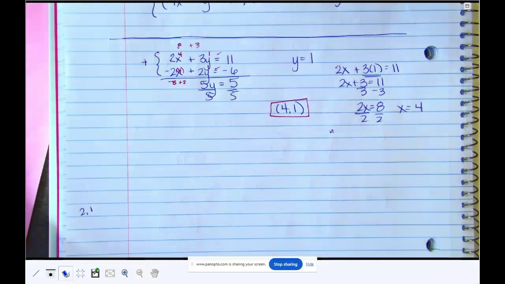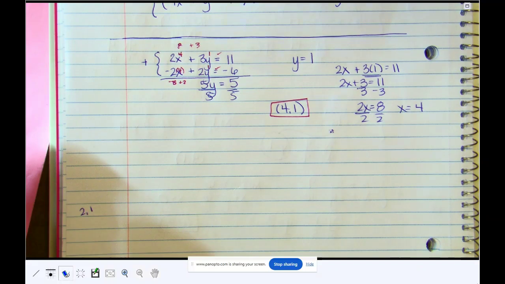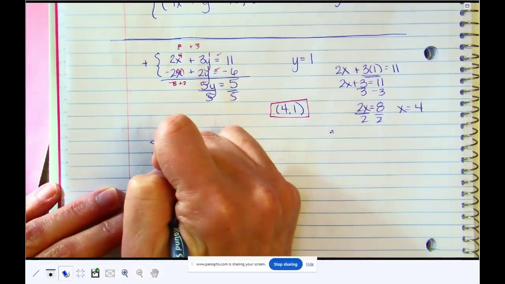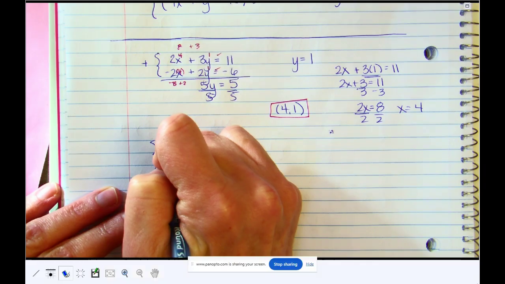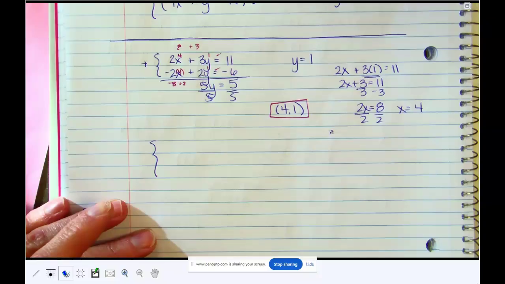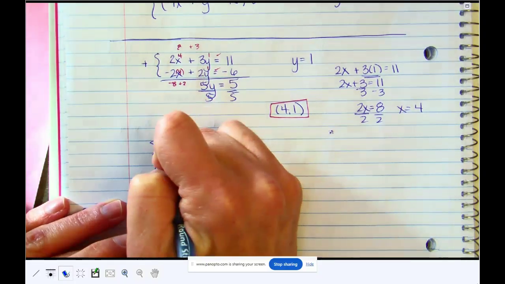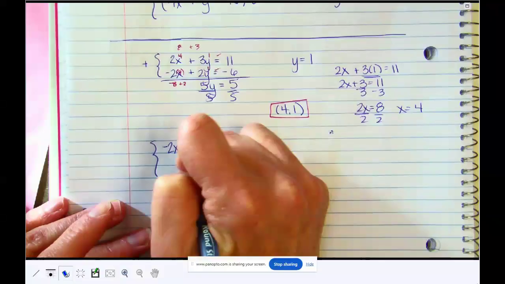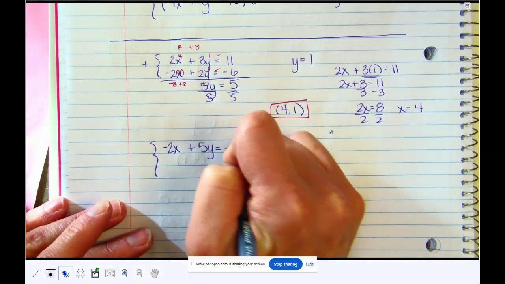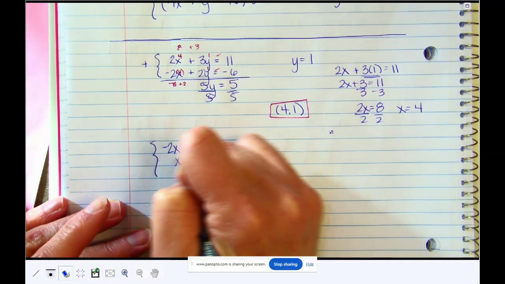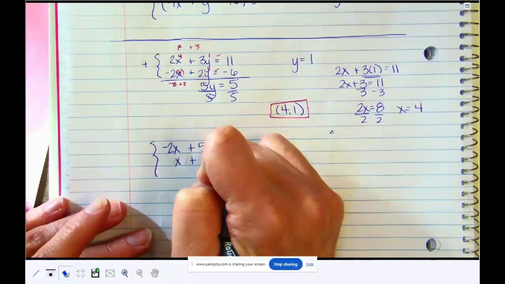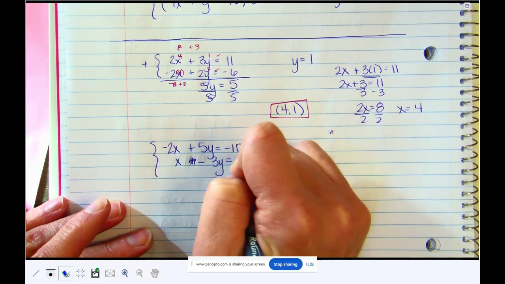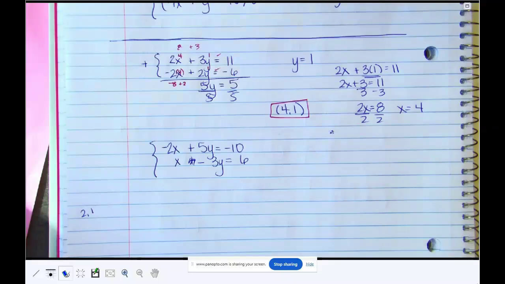Okay. Now, that's what we did yesterday. We were just starting to get into things like this. Let's say we have negative 2x plus 5y is equal to negative 10, and x minus 3y is equal to 6.